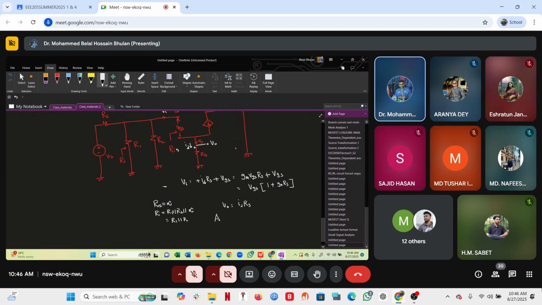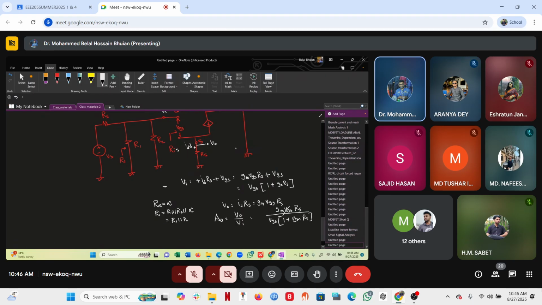And then the gain AV is V naught over VI, which is gm VGS RS over VGS (1 plus gm RS).